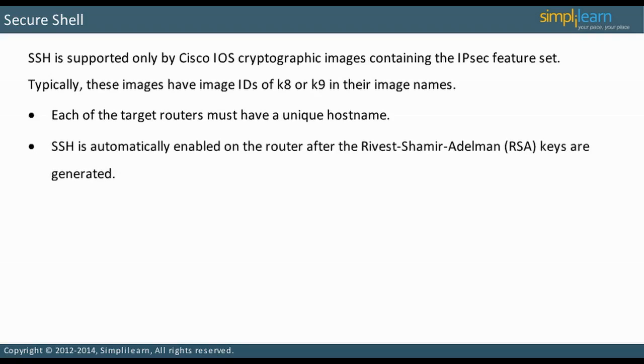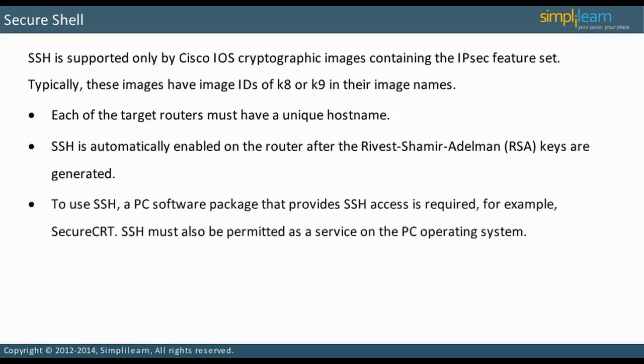SSH is automatically enabled on the router after the Rivest Shamir Adleman RSA keys are generated. To use SSH, a PC software package that provides SSH access is required, for example, Secure CRT. SSH also must be permitted as a service on the PC operating system.